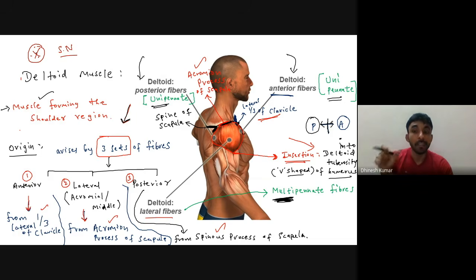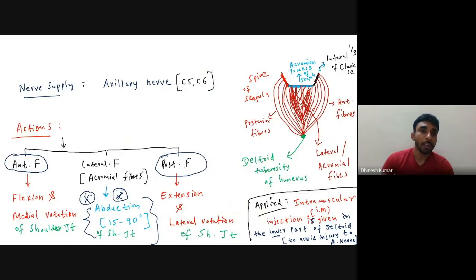The strongest fibers of deltoid are the middle fibers, that is acromial fibers, also called lateral fibers. I told you the middle fibers are directed laterally, so they are called lateral fibers, and according to the site of origin, they are also called acromial fibers.